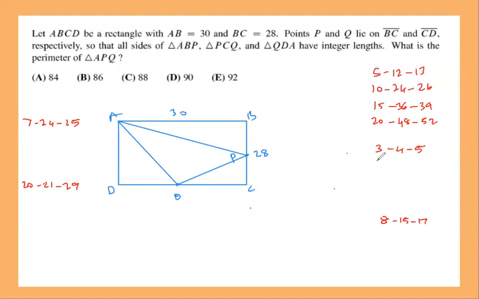If you do the same thing with this one, you get 6, 8, 10. If you multiply by 3, you get 9, 12, 15. Multiply by 4, so 12, 16, and 20. You can do one more, multiply by 5, so 15, 20, 25. Then from 8, 15, 17 we get 16, 30, 34.